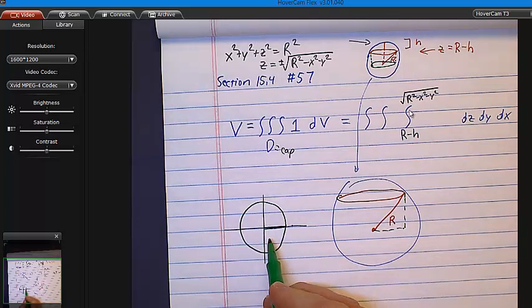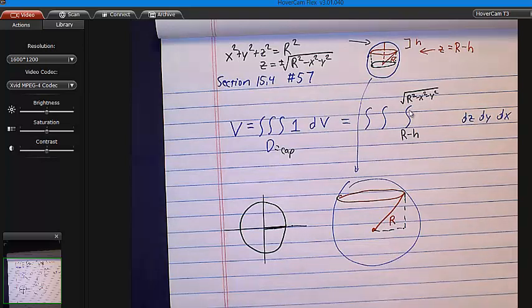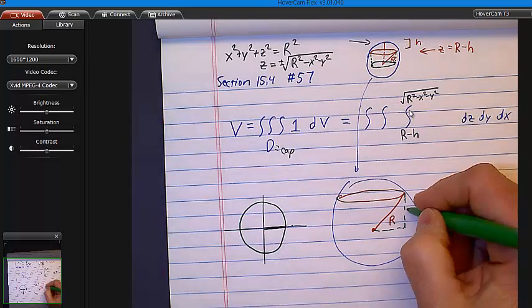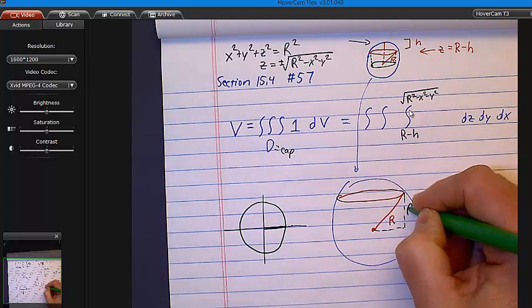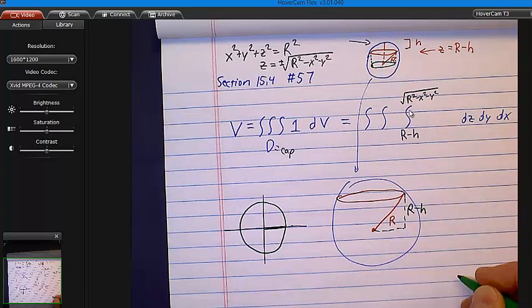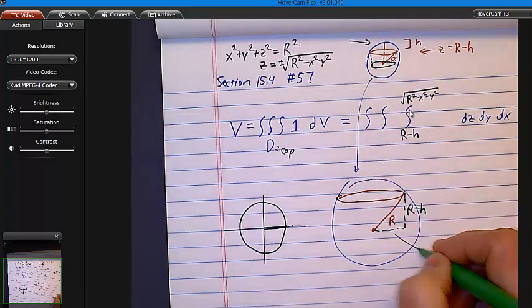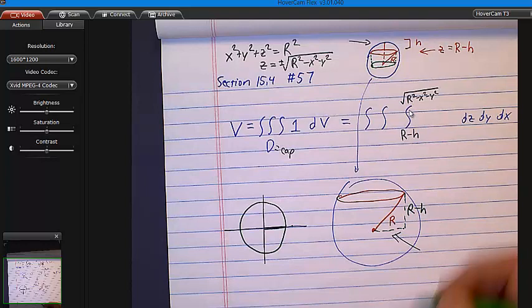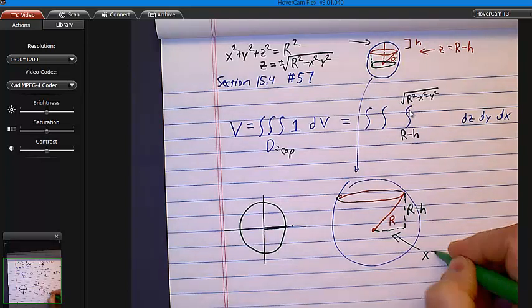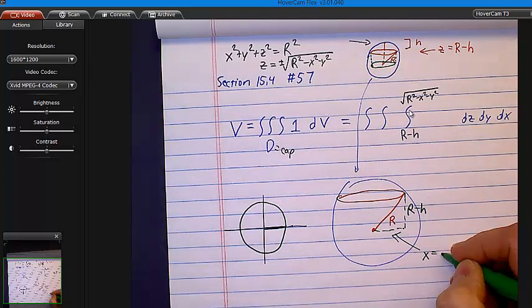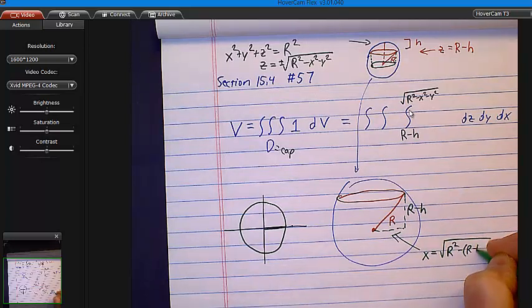It's not R, it's less than R. So what do we know? Well, this is where you told me that this is R minus H, right? So now I can solve for x. So x here would equal the square root of R squared minus (R minus H) squared.